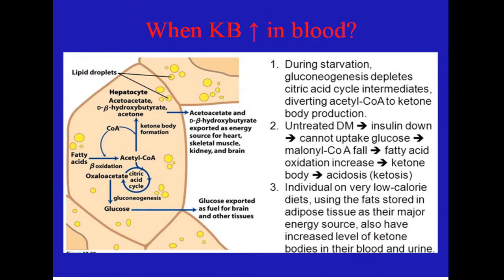Another situation is diabetes mellitus. In untreated diabetes mellitus, insulin will not be produced in the first type of diabetes, or will not be recognized by the receptors in the second type, so it is similar to being absent. And due to this, glucose is present in the blood but cannot be taken up by cells.